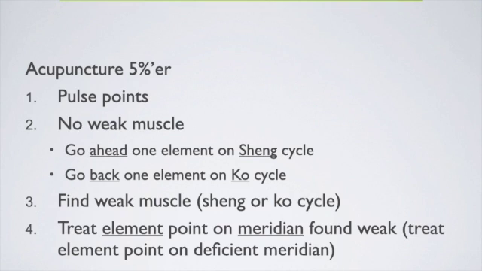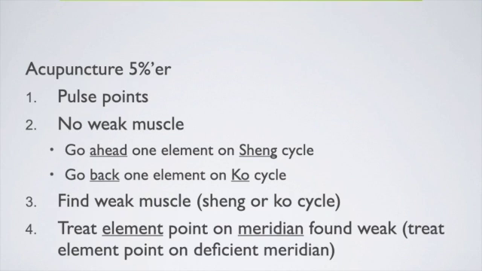So say, for example, we go back to the liver example. The middle pulse point tests positive, but neither of the pectoralis major sternal muscles test weak, rhomboids don't test weak, and the popliteus muscles don't test weak, in case it might have been the gallbladder that you were picking up.